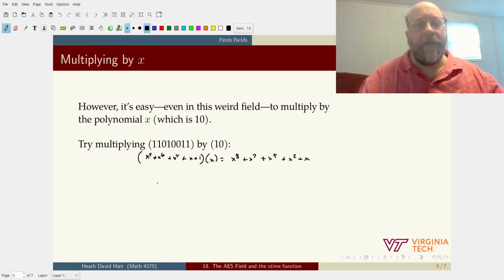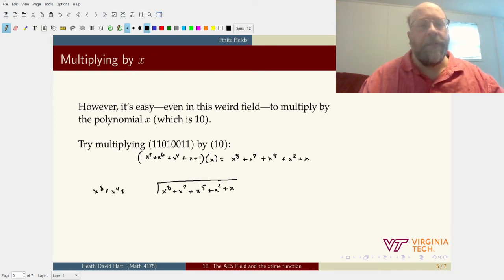And then we're going to have to divide that polynomial by x to the 8th plus x to the 4th plus x cubed plus x plus 1. That's going to go in one time, and we have x to the 8th plus x to the 4th plus x cubed plus x plus 1.